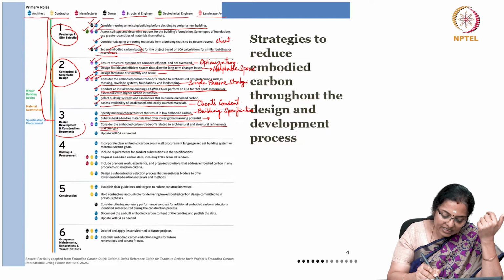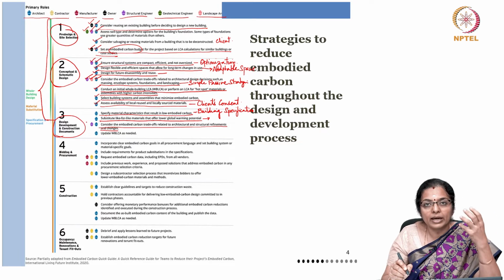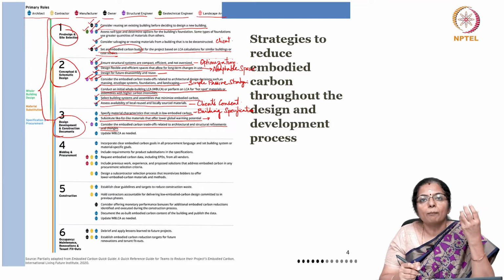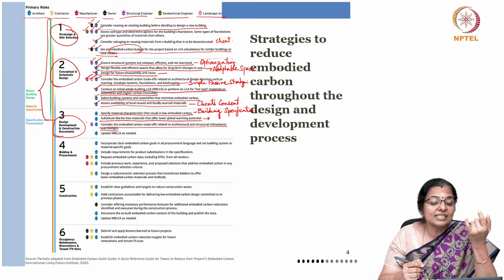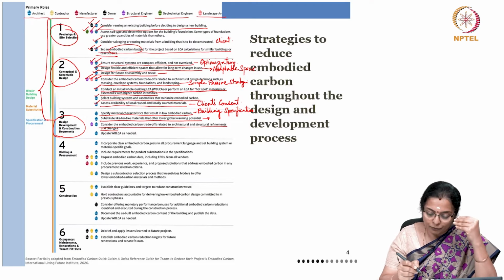All these come in the design development and construction documents, where you clearly say, by virtue of substituting A material with B, we had already seen the example of a high carbon building, a low carbon building and a net zero carbon building, a cement based building, a timber based building and a bamboo based building respectively. Document each of these so that you have quantitative information.